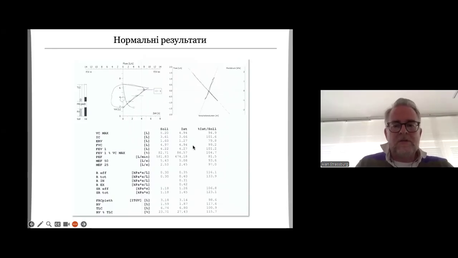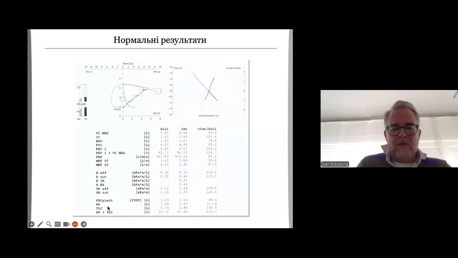If you take a closer look at the volumes themselves, you will see that the quotient between the FEV1 and the vital capacity, the Tiffeneau quotient, is bigger than 80%, actually 100%, which rules out an obstructive lung disease. We see that the FEV1 is at 100%.